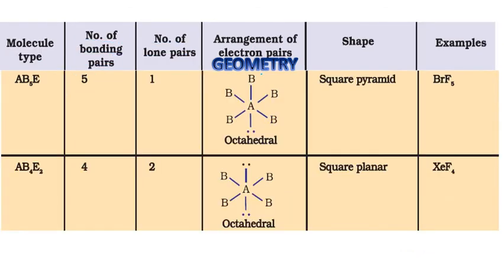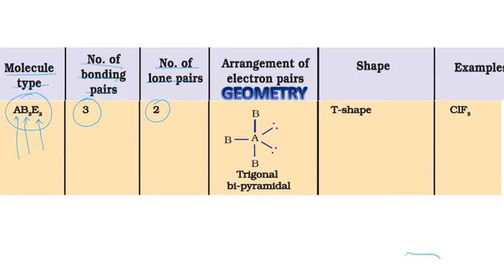The arrangement of electron pairs, including bonding electrons and lone pairs of electrons, is called the geometry here. And the geometry is trigonal bipyramidal. Why? Because 3 plus 2 is nothing but 5.